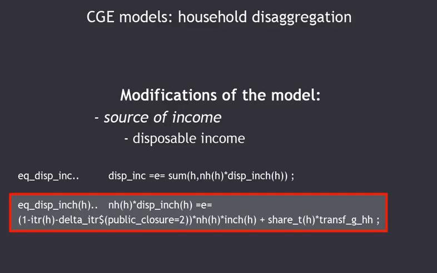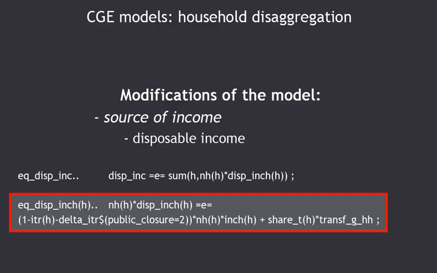The number of households in this category times the disposable income of a household in this category is equal to the primary income of this category of households times the number of households in this category, net of direct income taxes, but increased by transfers received from the state.